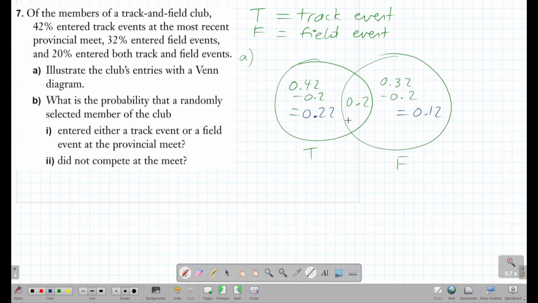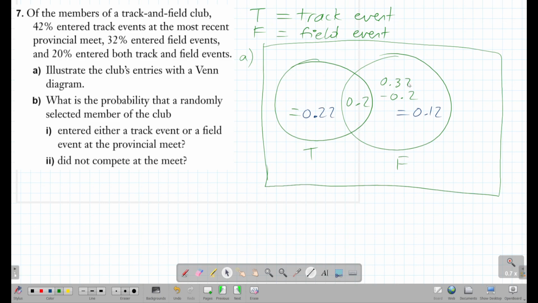I'm also going to draw a box around the Venn diagram, and let me clean this up a little bit because we don't need these. The reason is that we need to look at the numbers outside the Venn diagram. Remember, we're working with probabilities, and the sum of probabilities should be 1.